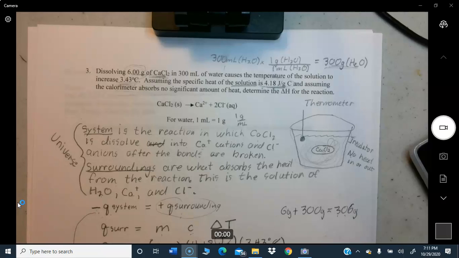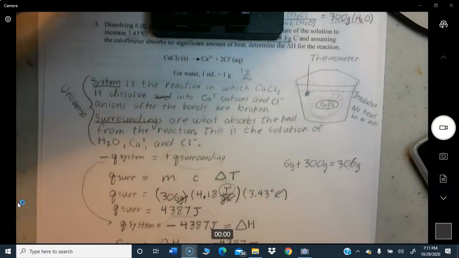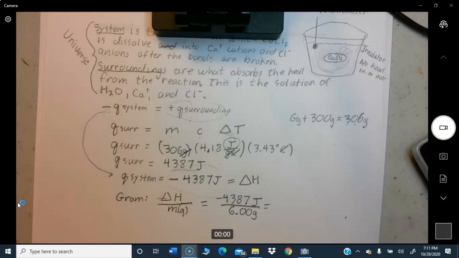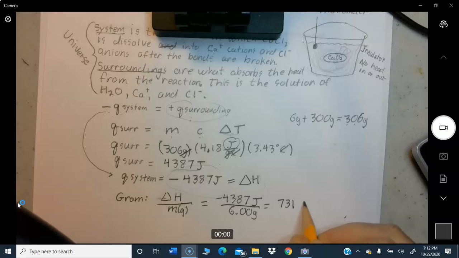But the energy is actually coming out of the bonds of calcium chloride. So this is going to be over 6 grams, not 306. And when you do that, you get 731 joules. All right, and that's joules per gram.